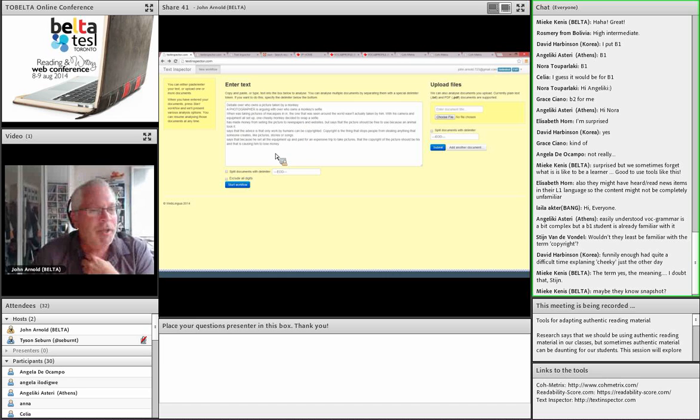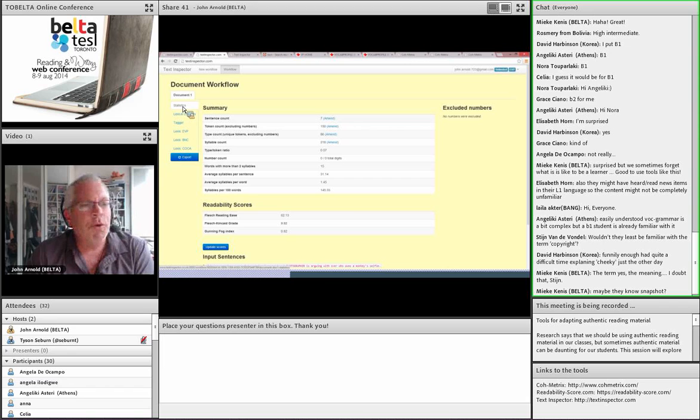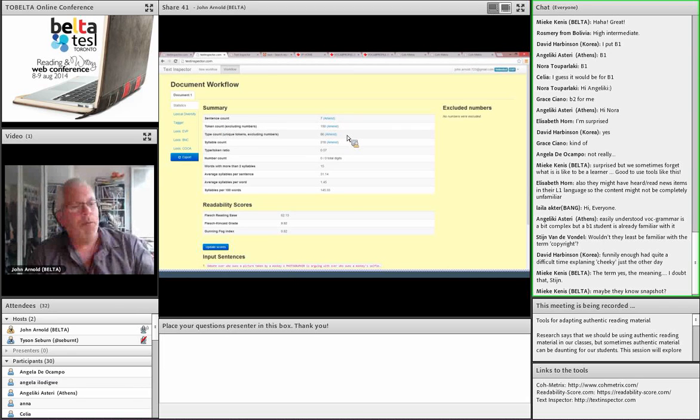So you simply put your text in like this, and then you click Start Workflow, and you get a series of results. Let me just take a minute and walk you through the results. You get a view of the sentence count, the summary, the syllables per word, the average syllables, things like that, and the readability score.